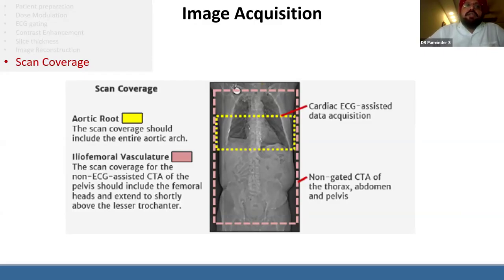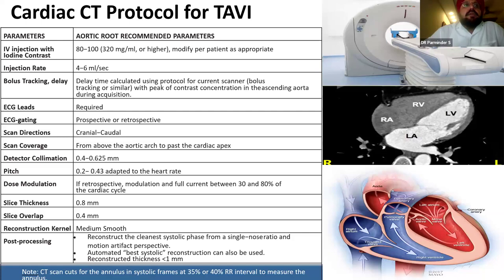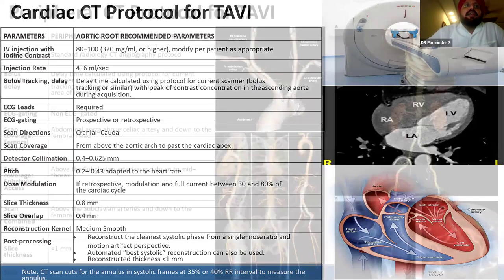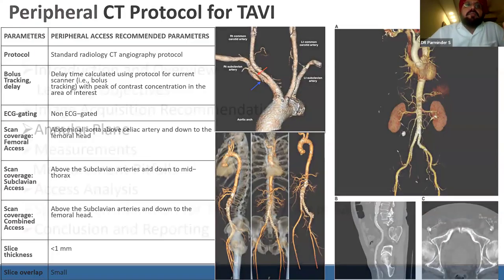Here, the aortic root is assessed with ECG gated data, and the rest of the image acquisition is with non-gated acquisition. And these are the protocols that we have discussed for cardiac CT, and this is for the peripheral CT. This is all we have discussed now.